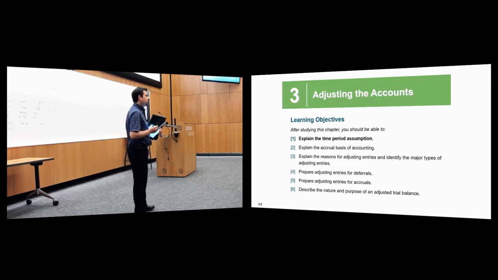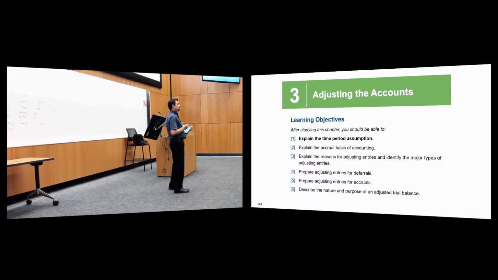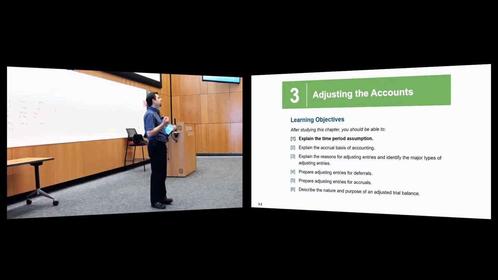Do you remember the example with the insurance policy? Yes, no, maybe. Okay, so this is where the company purchased a 1-year insurance policy at the beginning of, let's say, September.